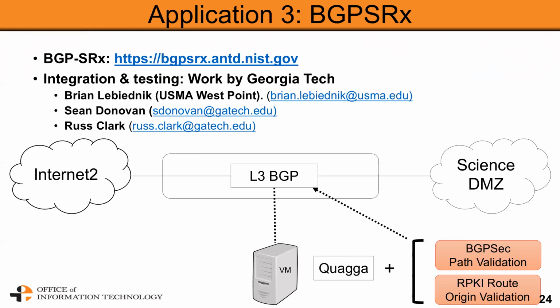They said it worked really beautifully. You get BGP path validation and RPKI route origin validation just by running this. Princeton doesn't have this yet, but we are looking into integrating it, and this is our next target to do.